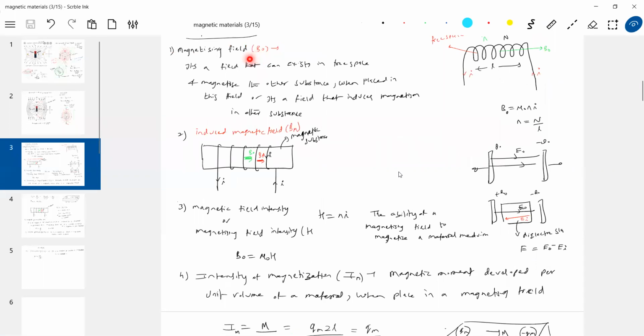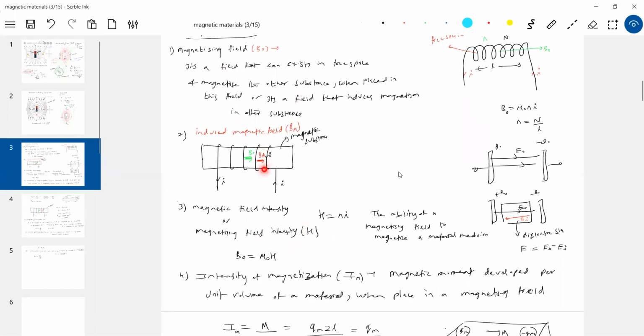It's the magnetizing field, which will induce magnetism in other substances. B naught is the field, and how much magnetizing field intensity is what H. Intensity means how intense the magnetizing field is. They call it magnetic field intensity, but do remember this one, magnetizing field intensity. B naught is the magnetizing field. How much magnetizing field is what H.